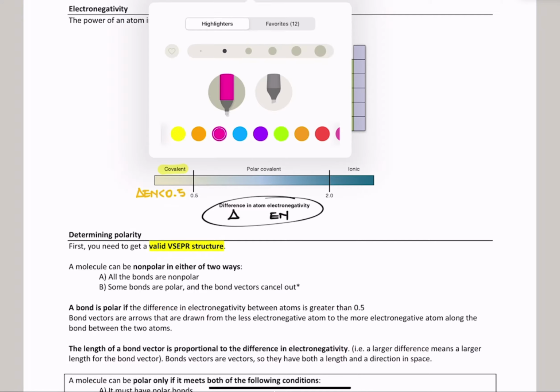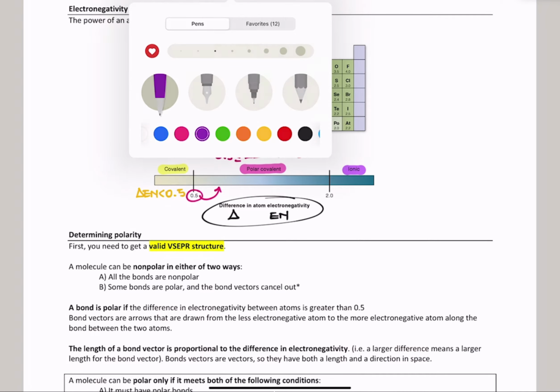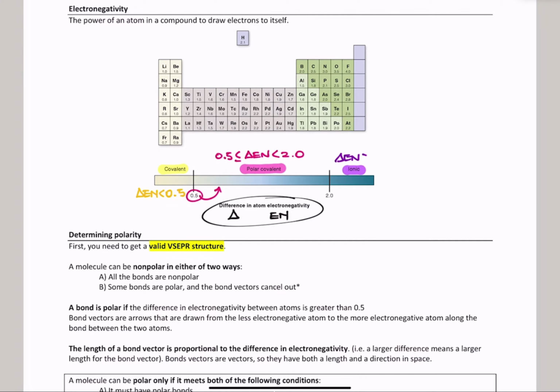When the delta EN is greater than or equal to 0.5 and less than 2.0, then it's polar covalent, so it includes the 0.5 but excludes the 2.0. And finally, it's an ionic bond when the delta EN is greater than 2.0.